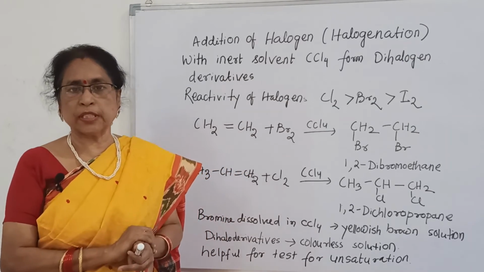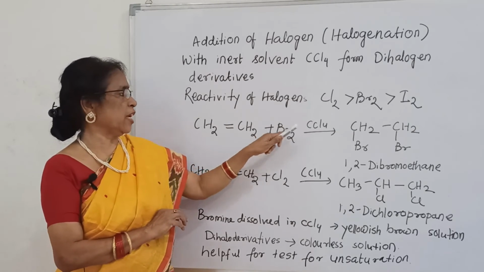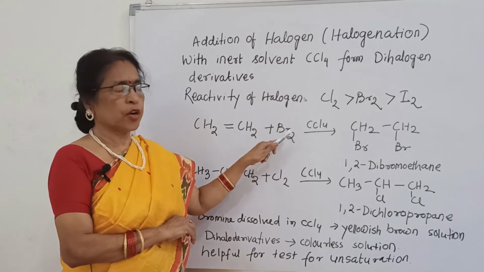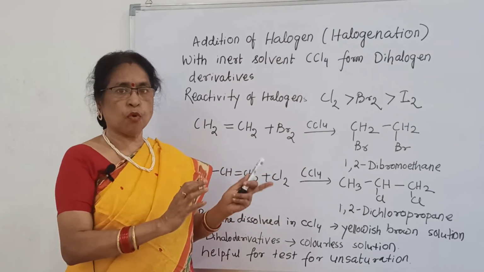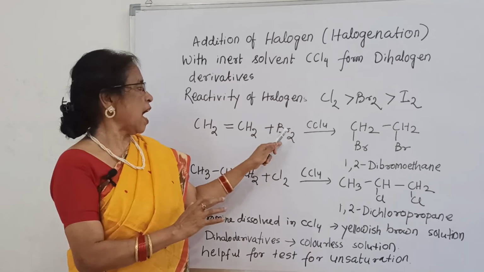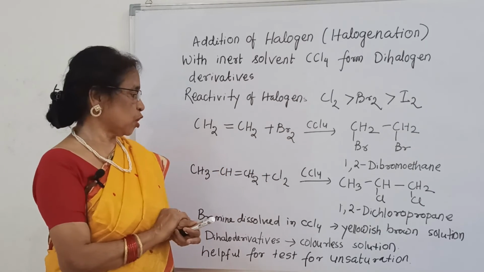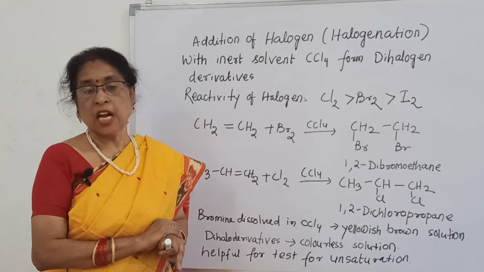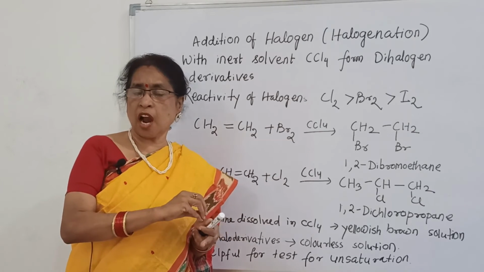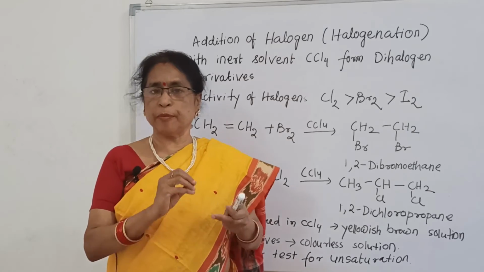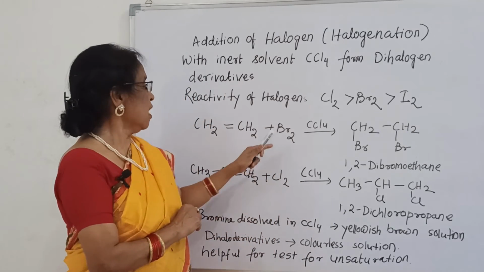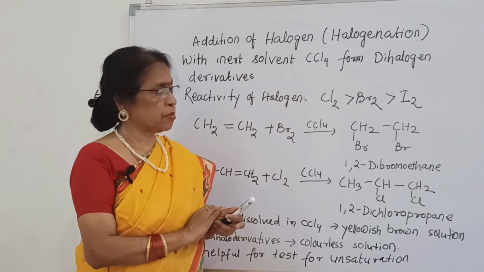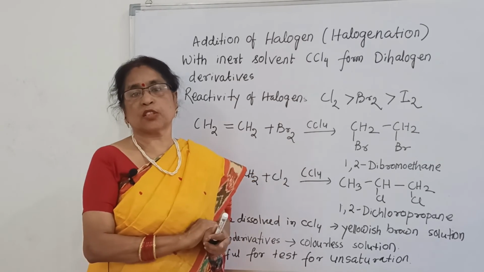That is only possible if you take bromine and carbon tetrachloride. Bromine is a yellow liquid, in presence of CCl4, that is a good solvent, and it gives a yellowish brown solution that indicates the bromine solution. Now when you add that bromine solution to the unsaturated hydrocarbon, then it gives a colorless solution.